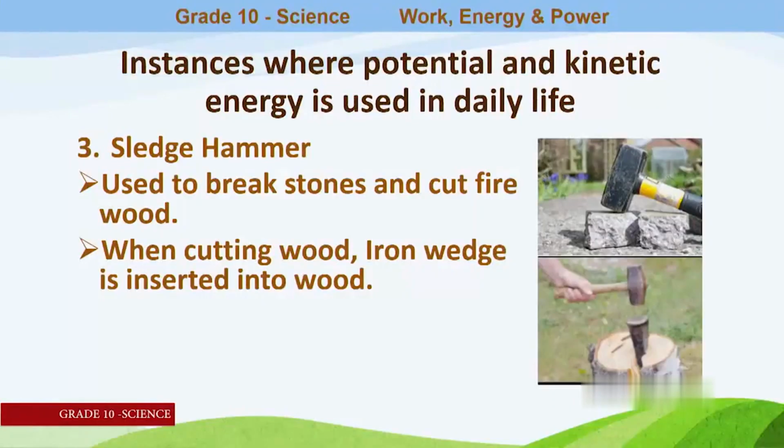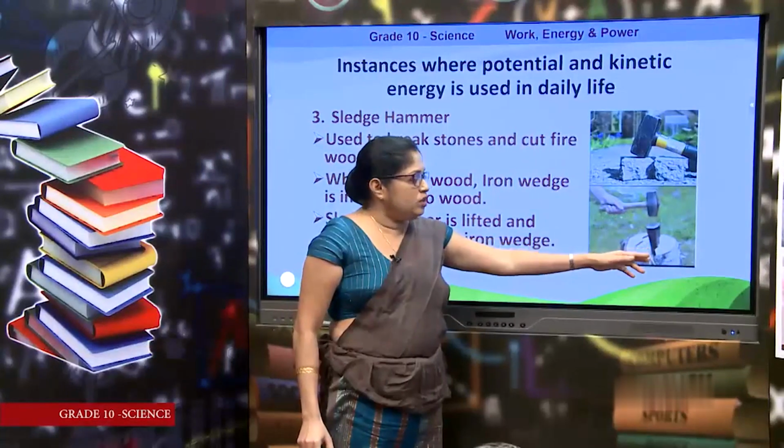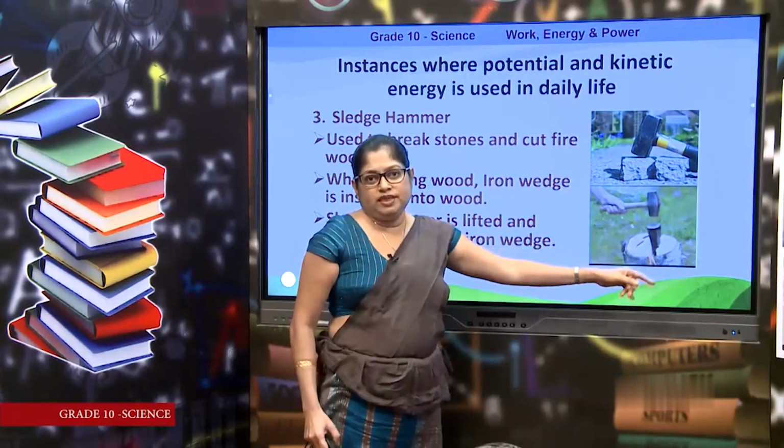And when cutting wood, an iron wedge is inserted into the wood first and the sledgehammer is raised or lifted and released onto the iron wedge, so that the iron wedge penetrates through the wood, cutting it into pieces.